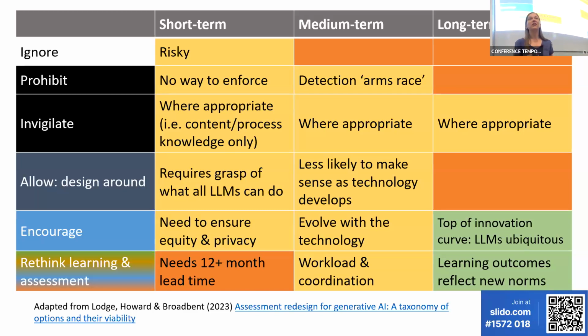Then there's actively encourage. How would people be using it in their future careers and whatever they're doing? There are equity and privacy issues. There's the university paperwork you have to go through to change things. Eventually, hopefully, it'd be for the best.